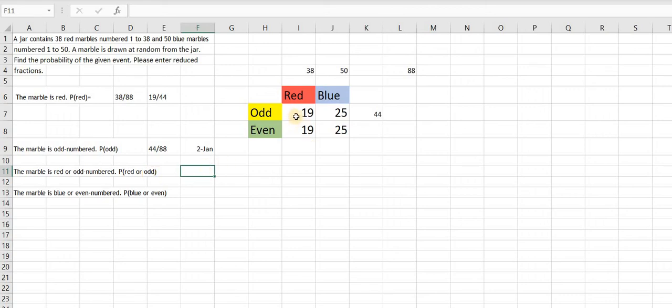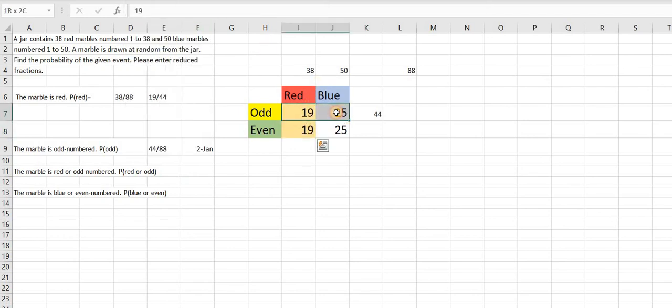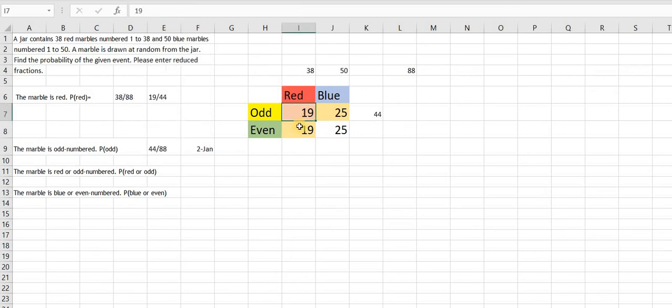So make sure you're selecting all of the red marbles. Here I'm going to highlight them in orange, and then all of the odd marbles, and don't double count the 19. The 19 here happens to satisfy both categories, so it is counted once as red marbles and once as odd marbles.